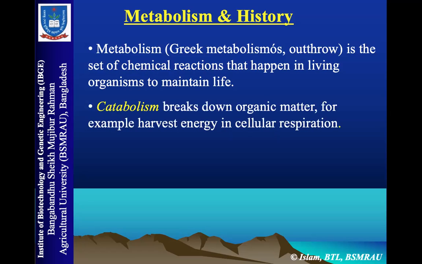Metabolism can be broadly divided into two groups. One is called catabolism. Catabolism means breaks down organic matter, for example, harvest energy in cellular respiration. For example, acetyl CoA enters into the TCA cycle and releases lots of energy in the form of ATP, and the breakdown product is carbon dioxide and water.